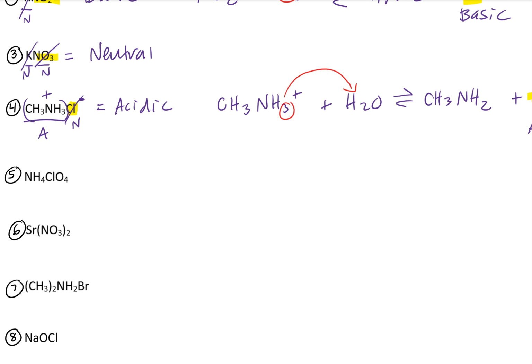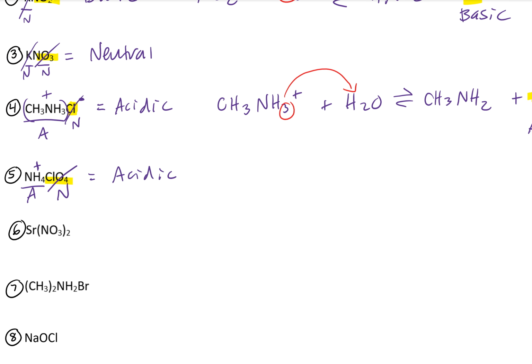Number 5 here, we're going to break this up into positive and negative. NH4 positive is not part of anything strong, so it's acidic. Perchloric acid is strong, so ClO4 is neutral. Together, acidic plus neutral equals acidic.